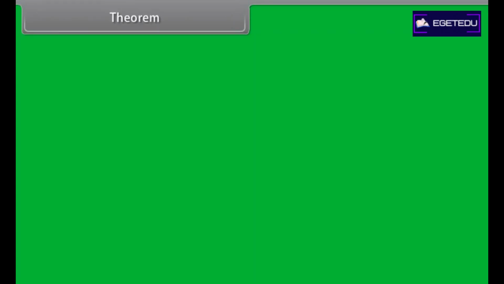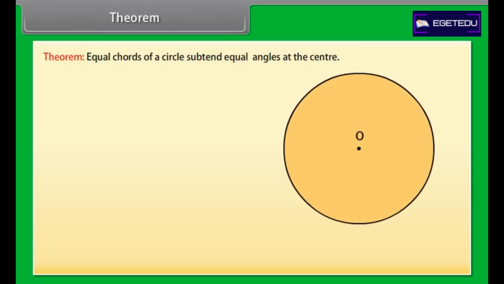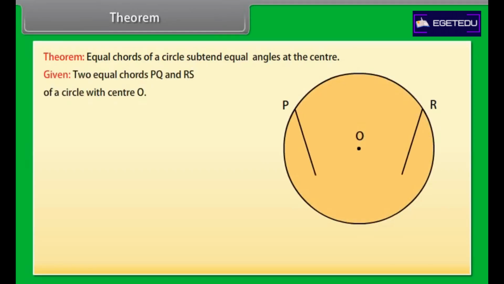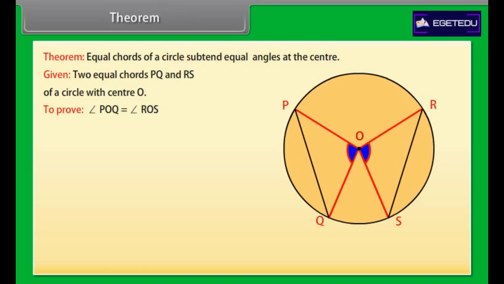Theorem. Let us prove this theorem. Given two equal chords PQ and RS of a circle with center O. To prove, angle POQ is equal to angle ROS. Proof. In triangles POQ and ROS, OP is equal to OR because these are the radii of a circle.